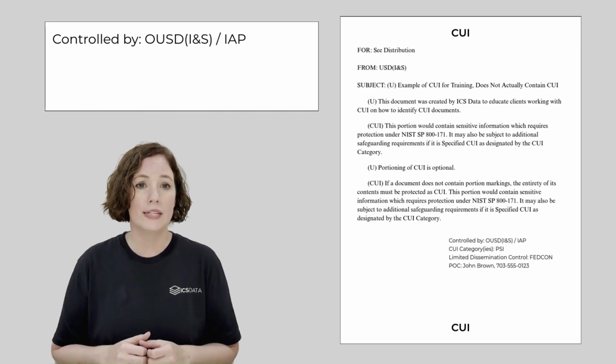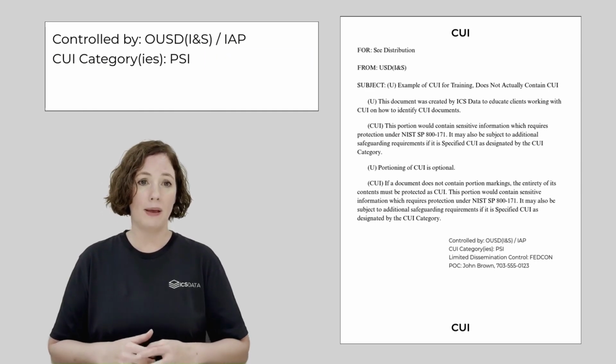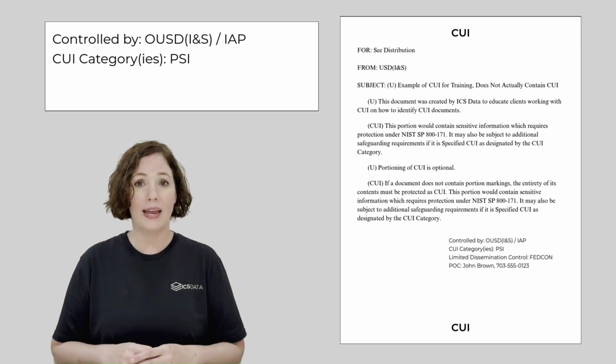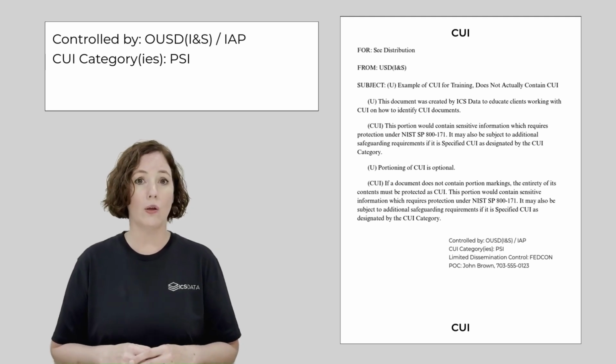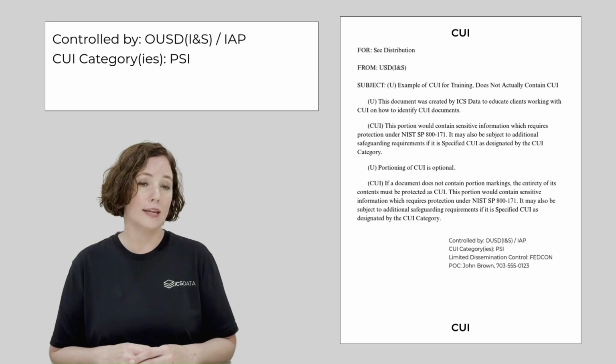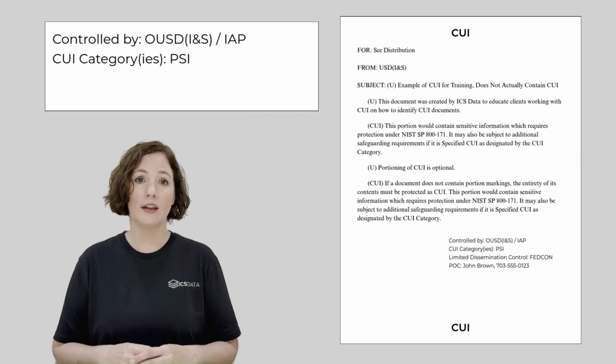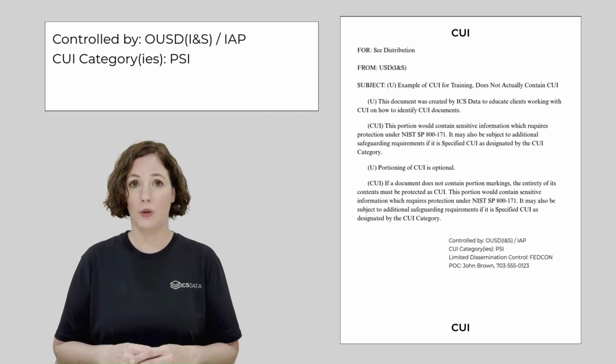Number 2, the CUI category, which is spelled out or using the acronym as listed in the CUI registry along with its description, examples, authorities, and policies governing the information contained within the document.